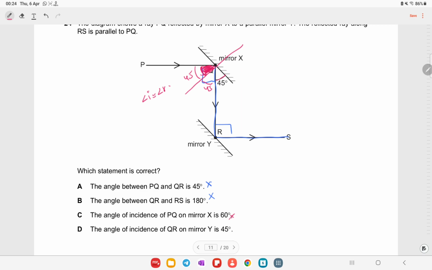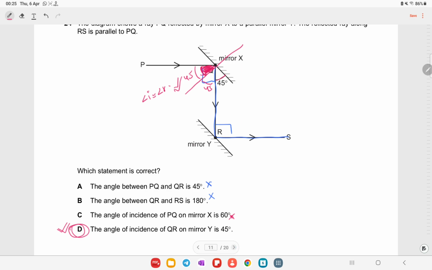It is not 60 degrees. When three options are false, option D is your right answer: the angle of incidence of QR on mirror Y is 45. So this is basically true.